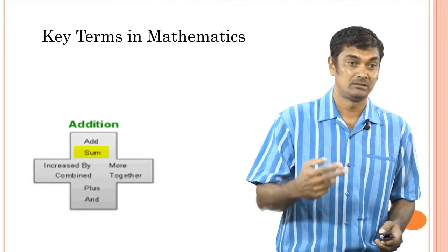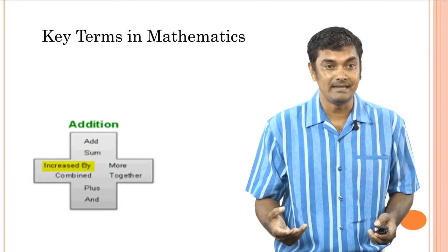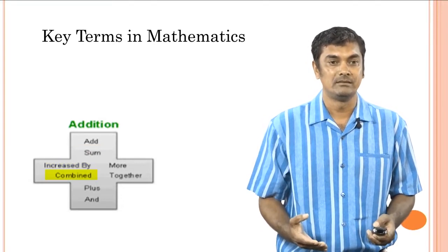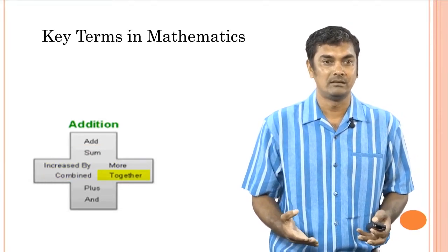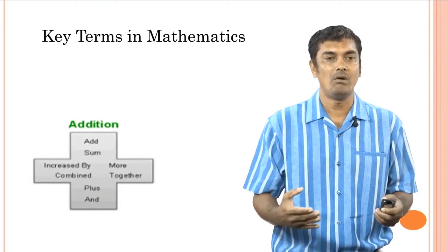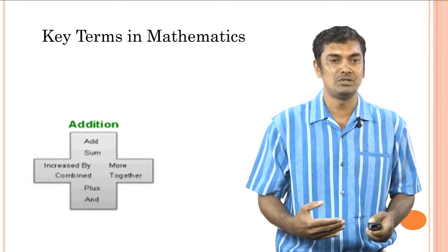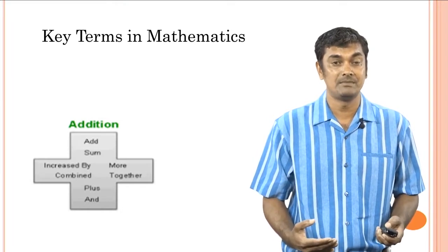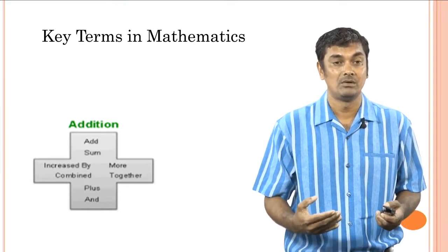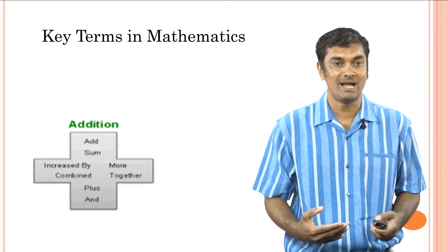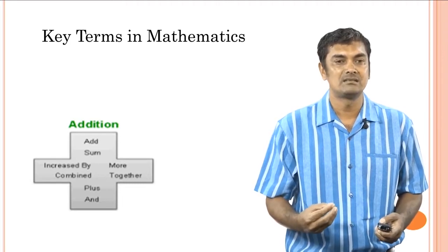Add, sum, increase by, combined, more, together, plus, and. They all reference addition. Whenever they're mentioned in worded problems or mathematical worded phrases, when we're extracting them, it means to add.